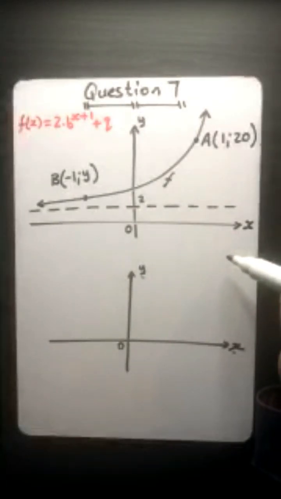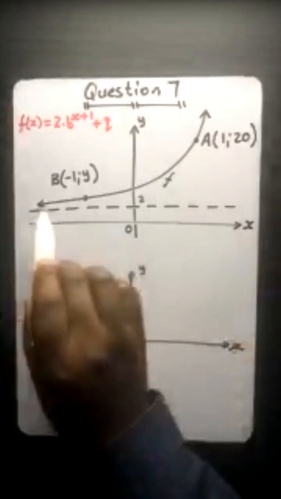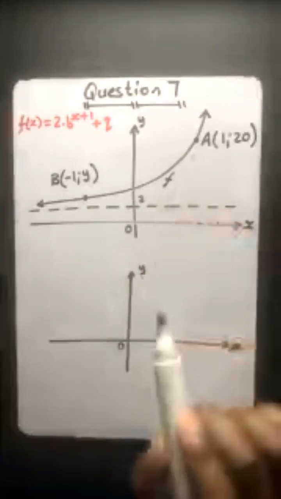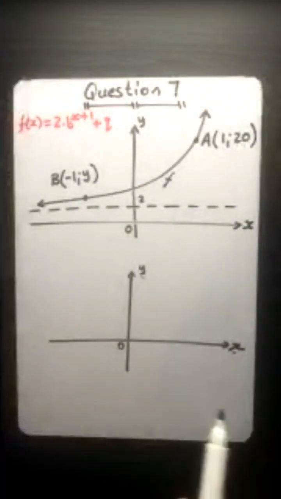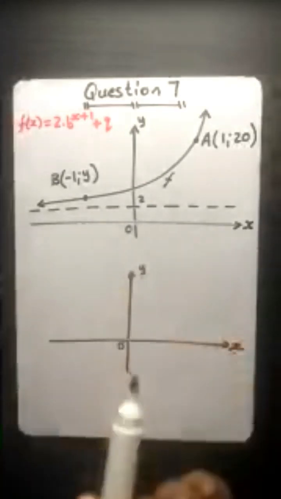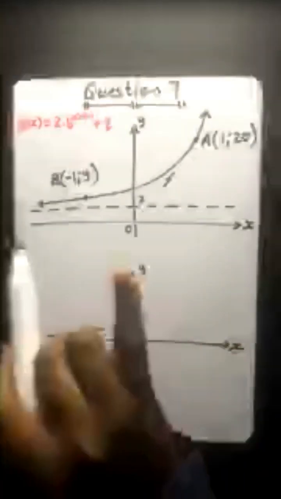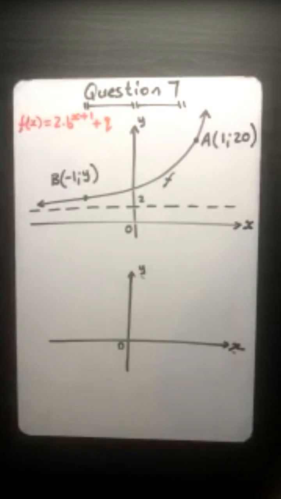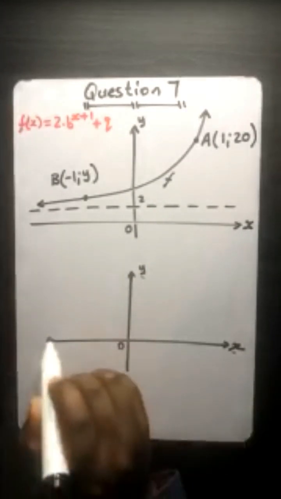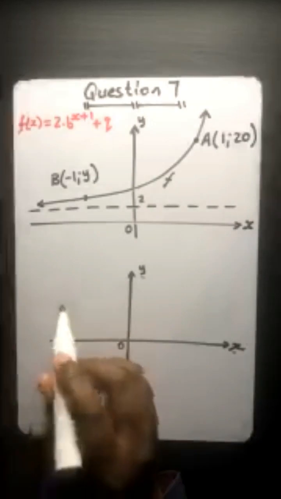What confirms that is the shape of that graph, and the format of that equation there. Most importantly, we know very well that an exponential has only one equation of asymptote. Based on yesterday's lesson, we said this type of function is an increasing function.